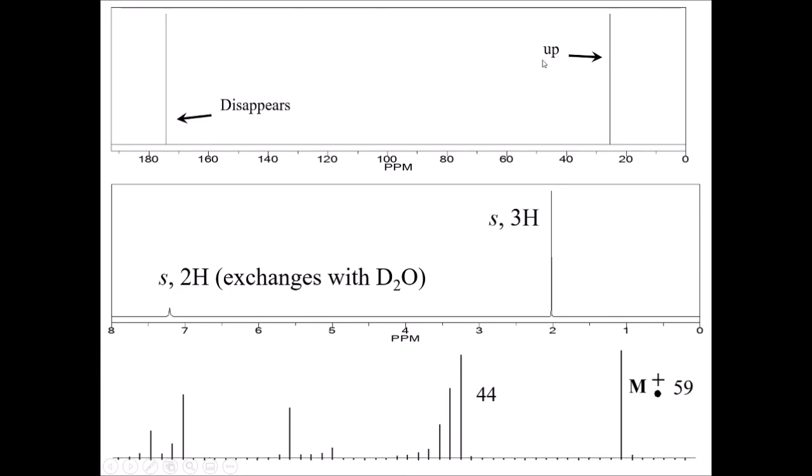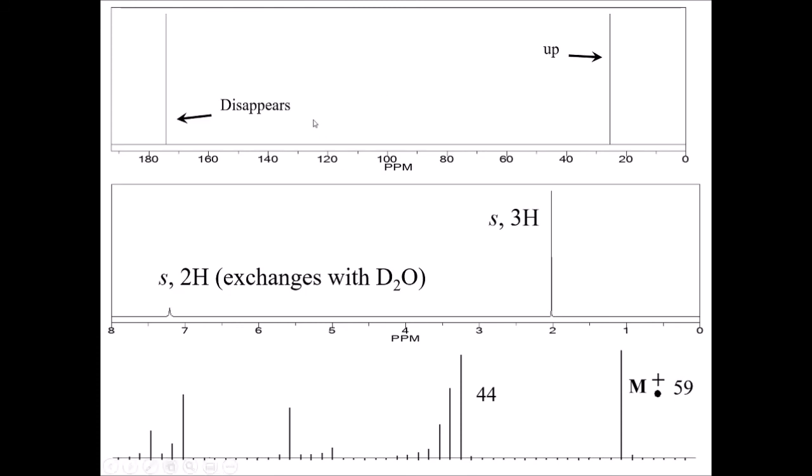There is only one other peak in my C13 NMR, and it shows up above 160, above 170. That's generally where we see very odd benzene carbons or a carbonyl carbon that is attached to a heteroatom.